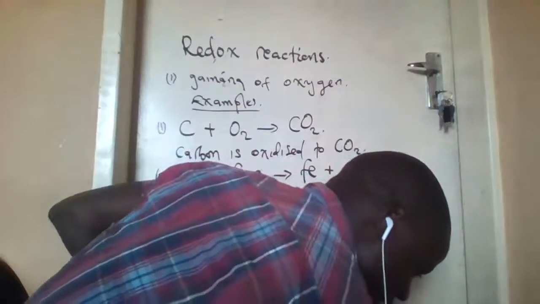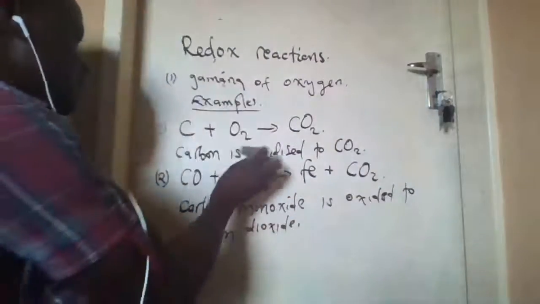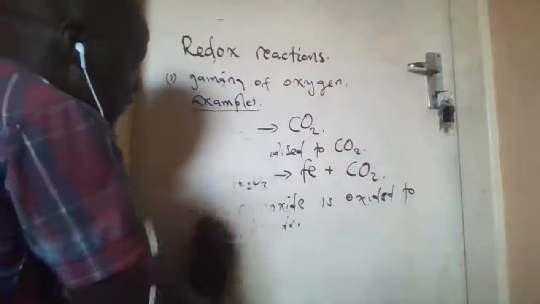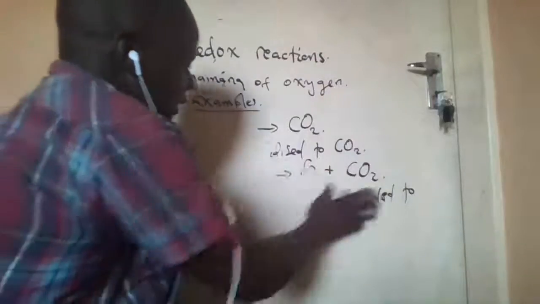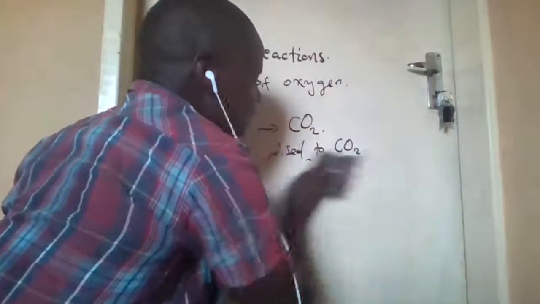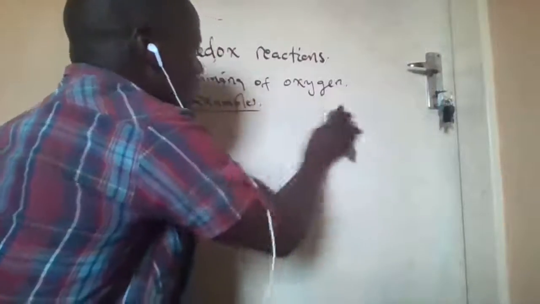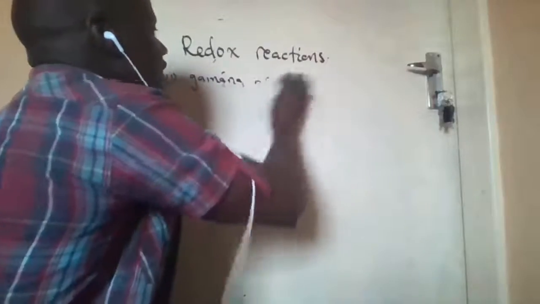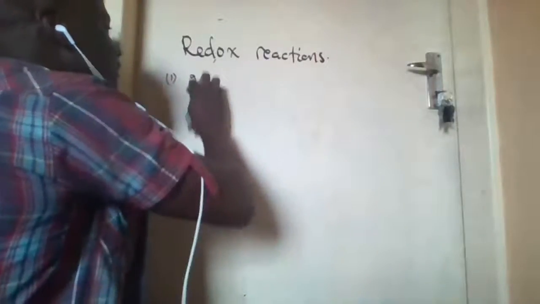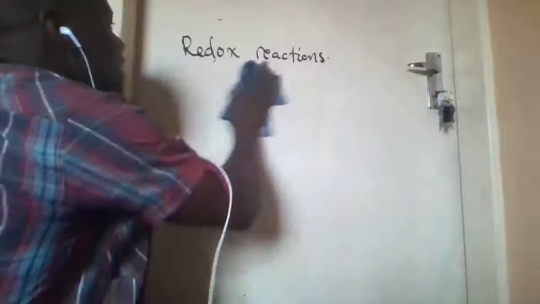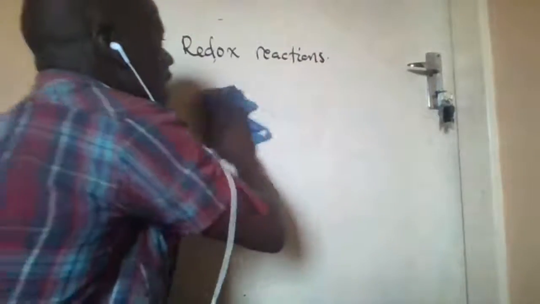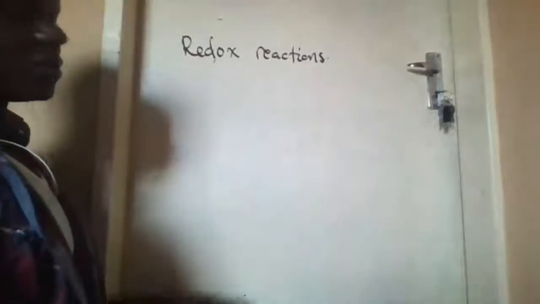Then the other one, which is the second one, I think the third and the fourth, I may combine, I may not combine them. We'll see when we get there. So now let's look at how we can define the oxidation in terms of the losing of hydrogen. How can you tell that this is an oxidation process, and that a chemical species has been oxidized from what to what?